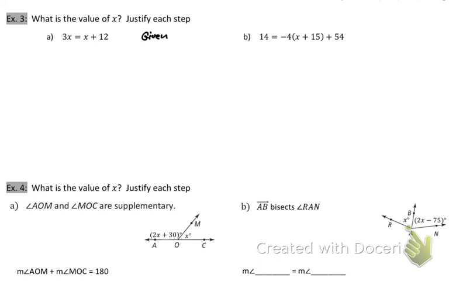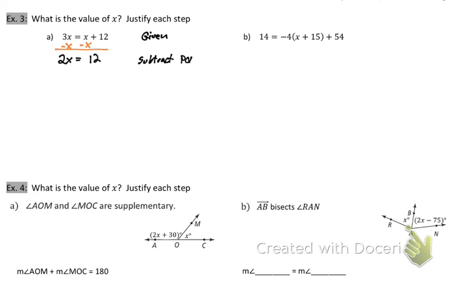So maybe the first thing I'm going to do is I'm going to subtract x from both sides. That's going to give me 2x equals 12. Now if I subtract it on both sides, that sure sounds like I use subtraction property of equality, right? So I'm going to put subtraction property of equality next to it.